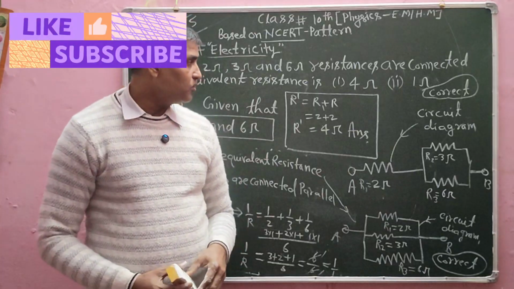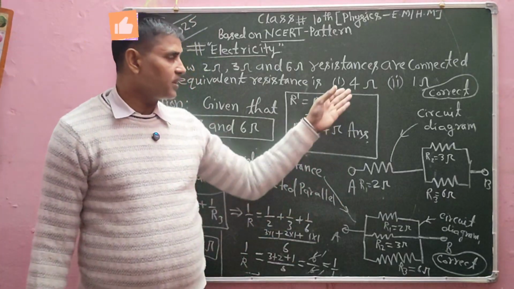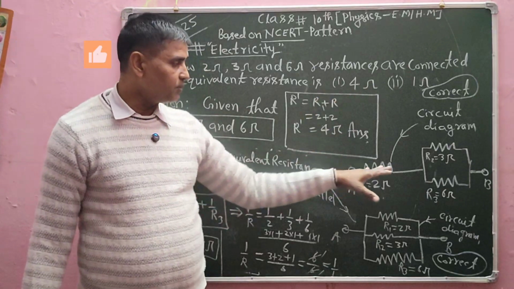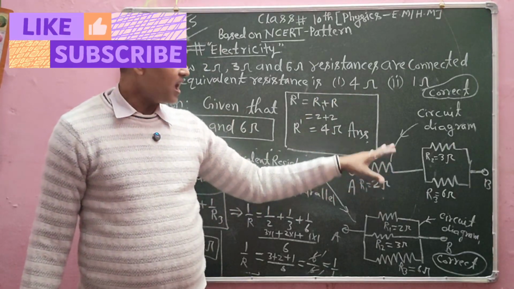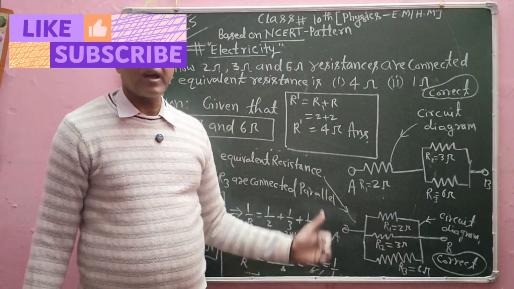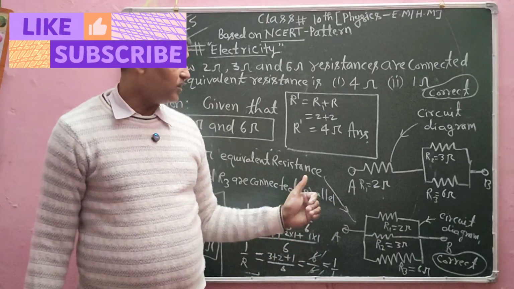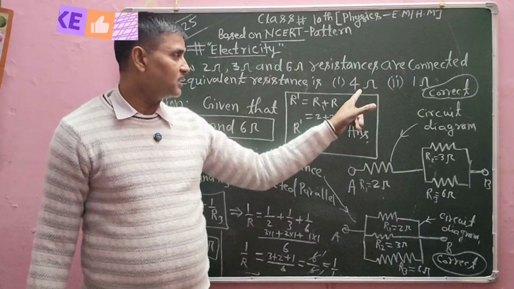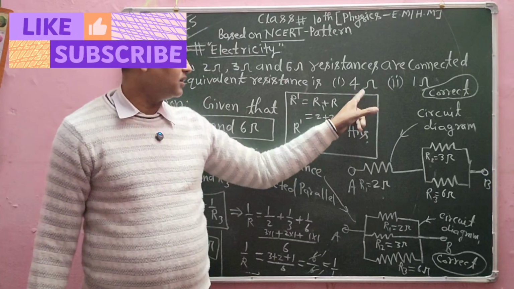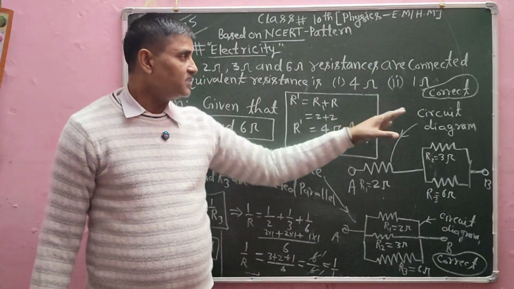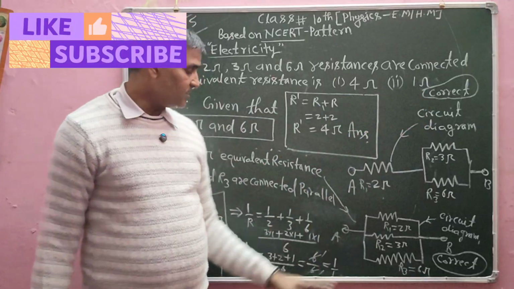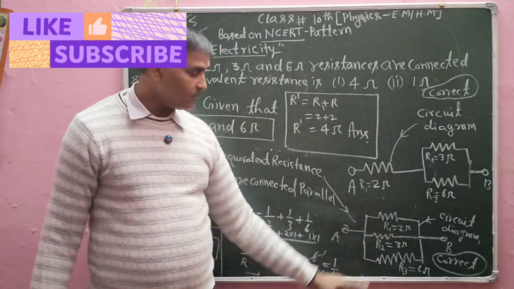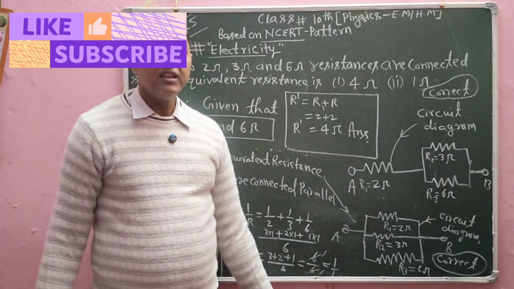Here the question is given, that is equivalent resistance. I have prepared the circuit diagram, and after preparing it I have calculated the equivalent resistance of this circuit diagram, which is matching with the given equivalent resistance. Similarly, for getting 1 ohm resistance, I have arranged the circuit diagram with all connected in parallel.